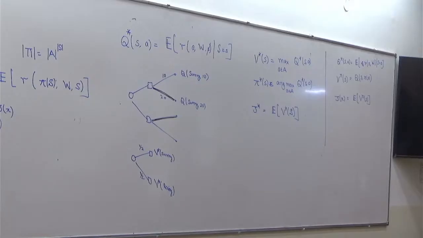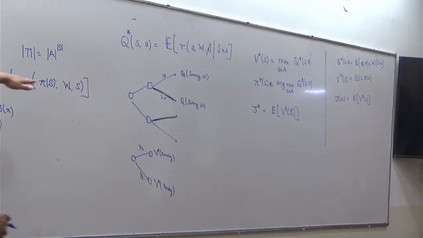So I'm going to make the following claim. First, I'll say in the minimization setting, Q star of S, A is less than or equal to Q pi of S, A for all pi and for all S, A. In this particular setting, this is obvious because at the last time there is no optimization happening.